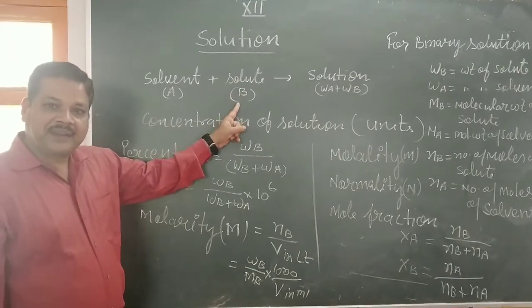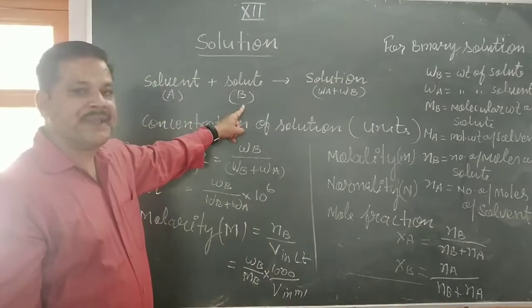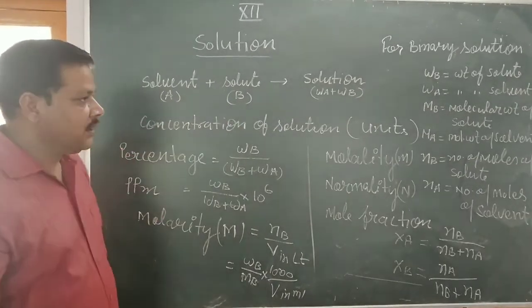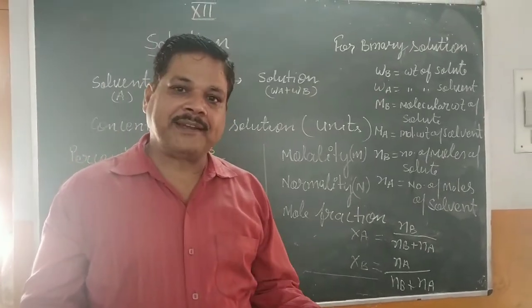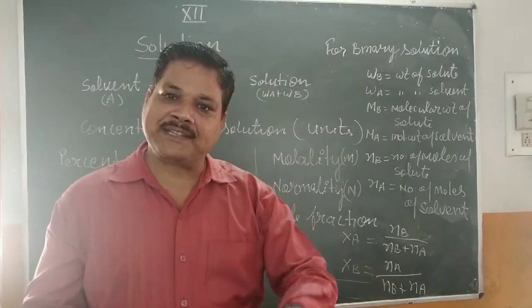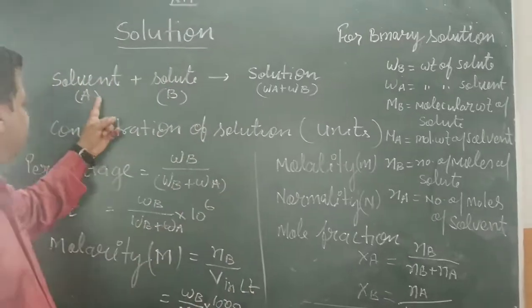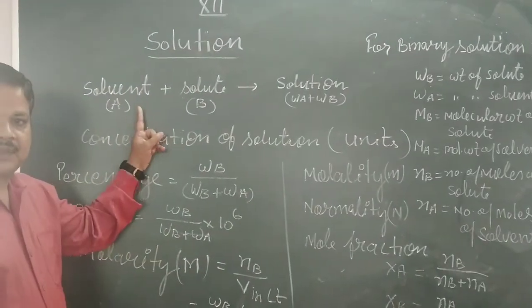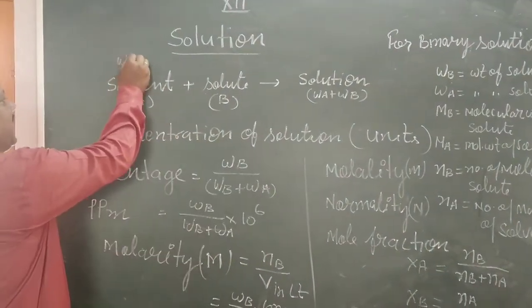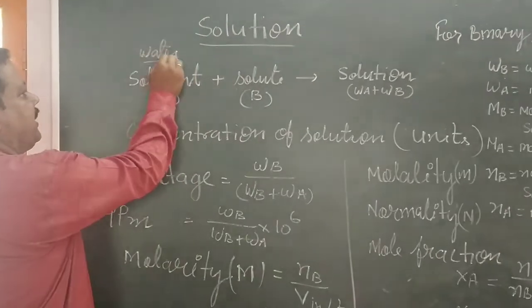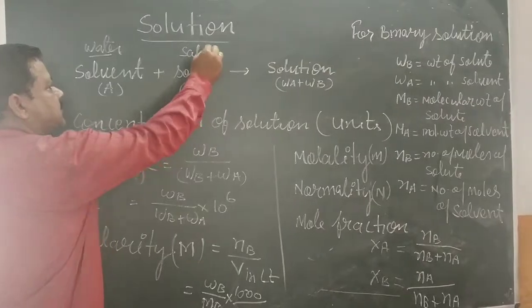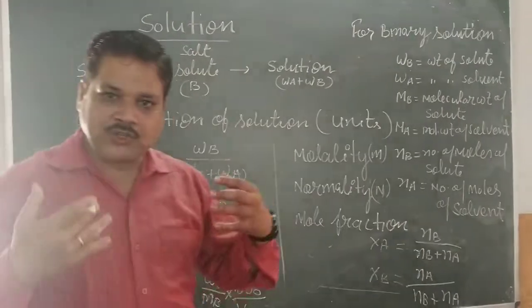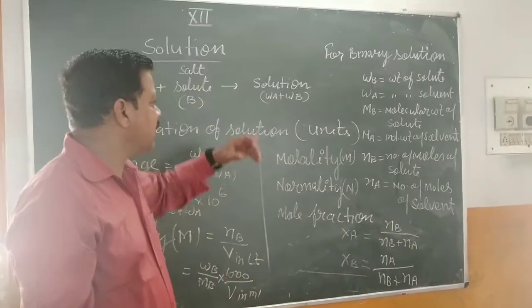We represent solute by the symbol B. The component present in a large amount, which can dissolve the component present in a small amount, is called solvent, like water. Here water will act as solvent and salt will act as solute. Then a homogeneous mixture will form, and that will be called a solution.